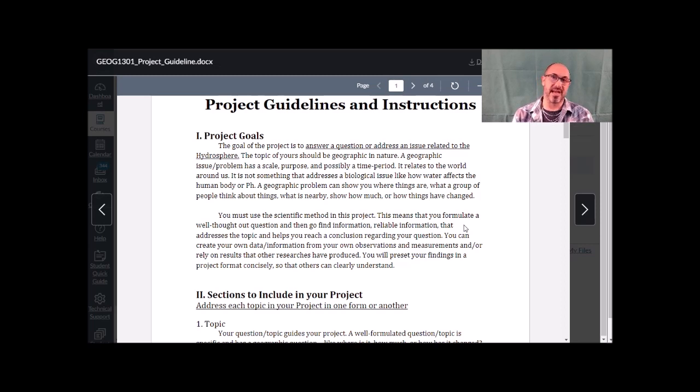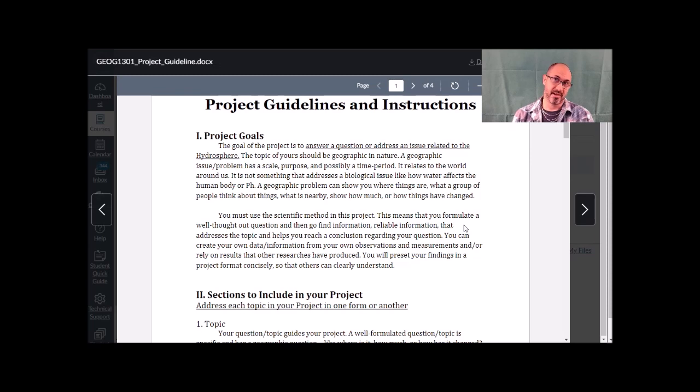The key is to gather scientifically robust data that somebody else has gathered following the scientific method, or that you go out and gather yourself following the scientific method. You'll present your findings in a final project in a format that is up to you, and it will be to hopefully teach me a little bit of something about a topic that you are interested in.